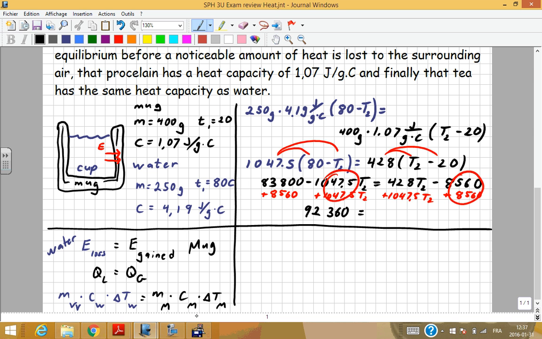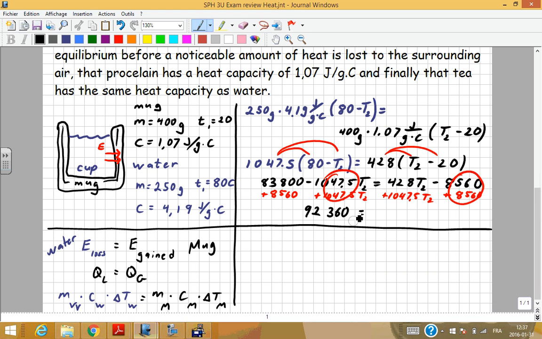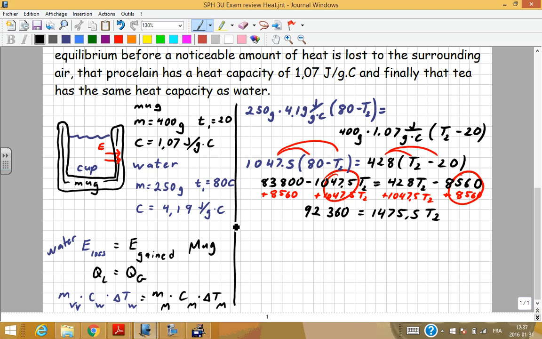And on the right hand side, I have to add those two also. So 1047.5 plus 428 gives us 1475.5. So that's 1475.5 T2. And now we just have to get our temperature isolated.